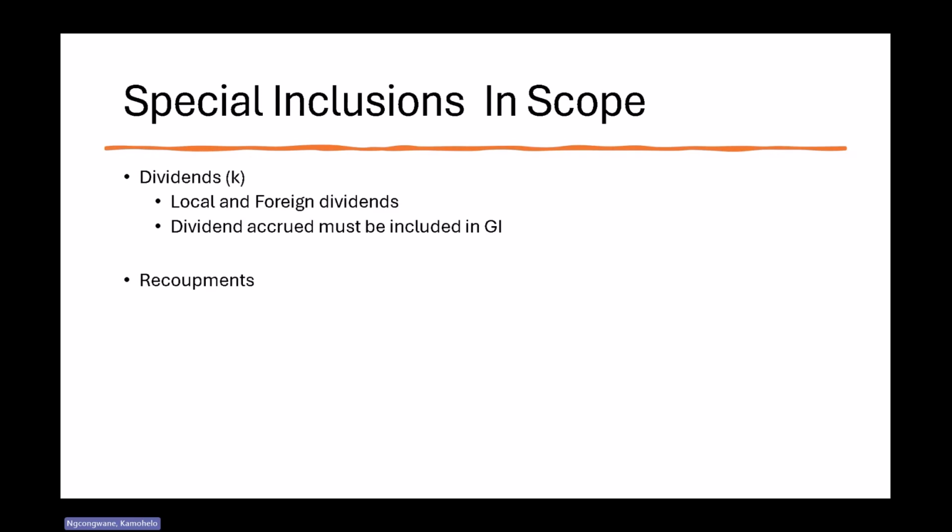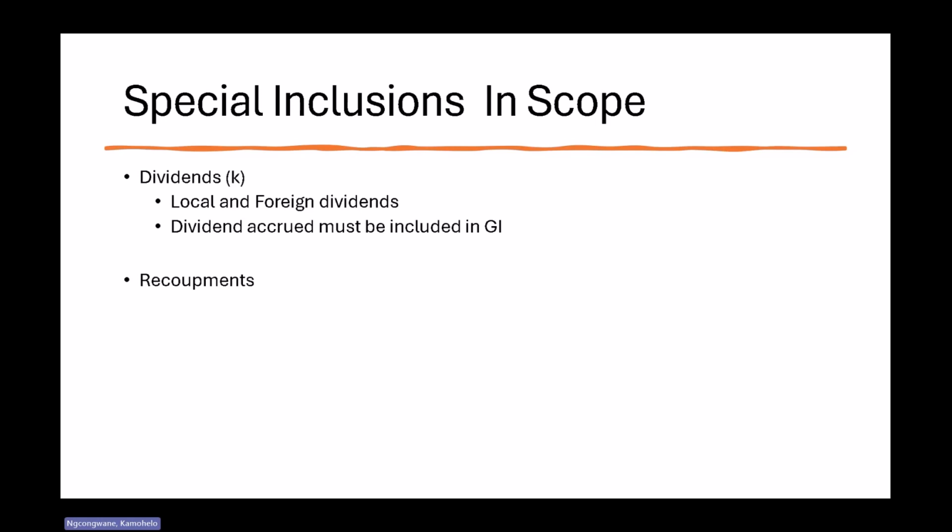And next week we'll look at specific deductions, those that do not form part of your deductions because they do not fall into the deduction definition under general deductions in terms of Section 11(a), but are included specifically as part of the Income Tax Act.